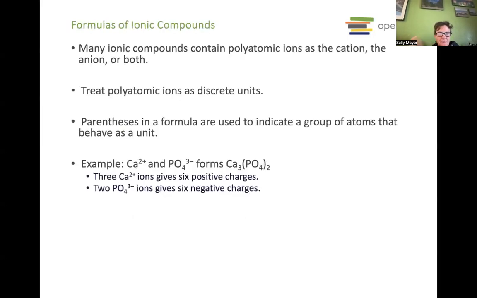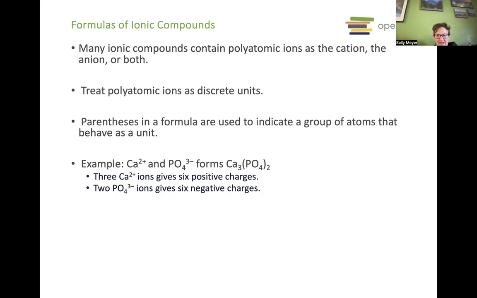Many ionic compounds contain polyatomic ions as the cation or the anion or both. And we treat polyatomic ions as discrete units. So if you have, for example, nitrate, which is NO3−, it's a unit that stays together. You're not going to pull that apart. A parentheses in the formula is used to indicate a group of atoms that behave as a unit.